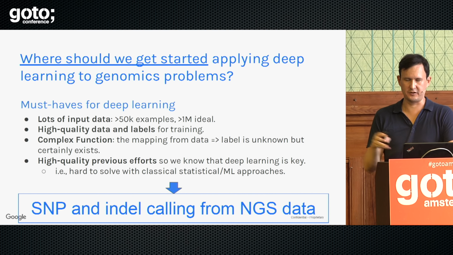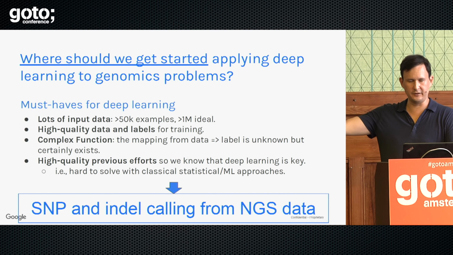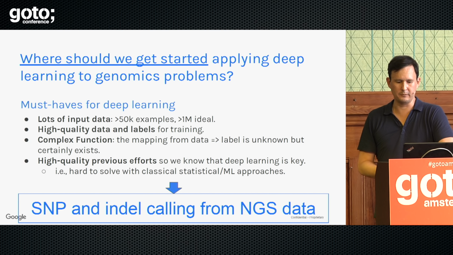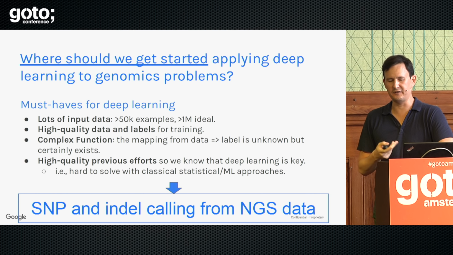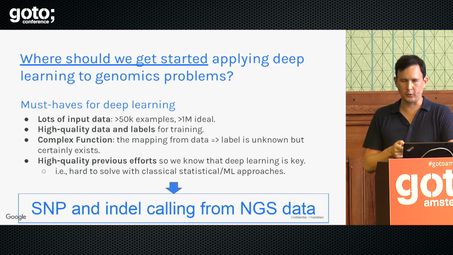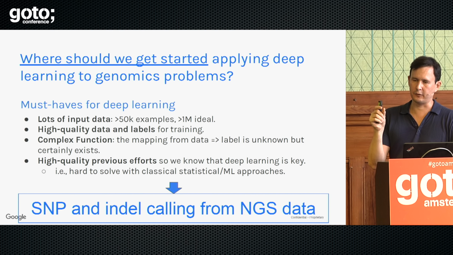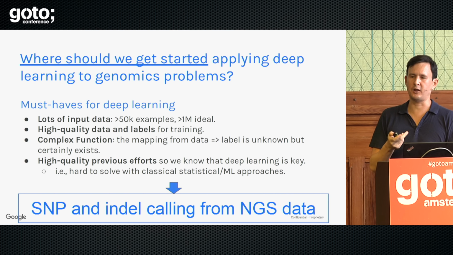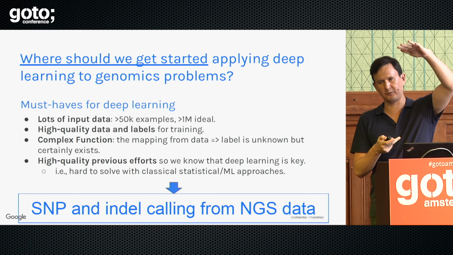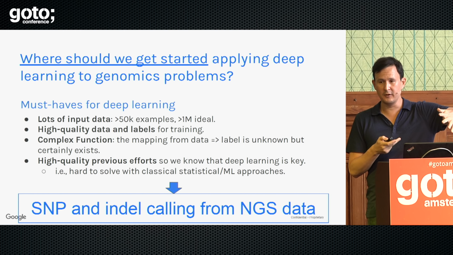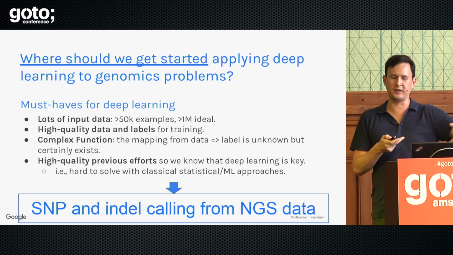Variant calling, which is labeled as SNP and indel, or insertion and deletion calling, from next generation sequencing data or DNA sequencing data, is a particularly good problem to work on because we've been trying to solve this problem of identifying for any given individual where they differ compared to another individual for several decades now, and the progress has pretty much plateaued, like we were seeing in that ImageNet example I was showing you earlier, where the performance wasn't as good as humans and then had a dramatic drop. We're trying to basically create that same thing for variant calling.